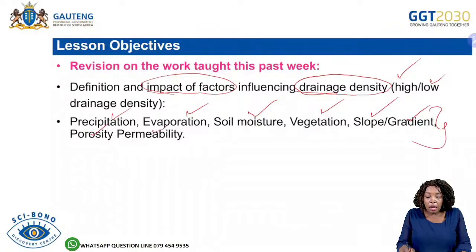So all these are linked to drainage density, which then explains why you would find some of the drainage basins having high density and the others having a low drainage density.